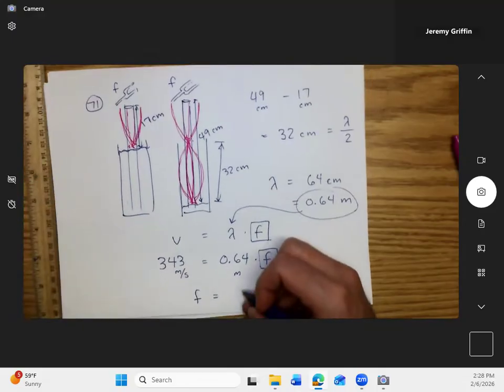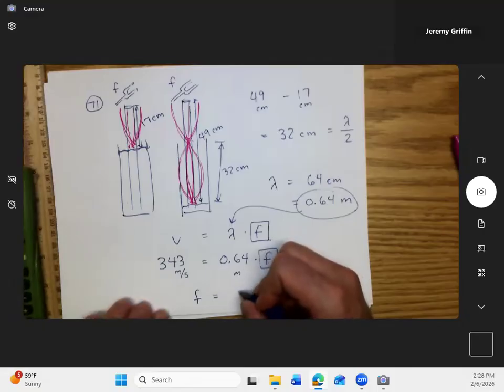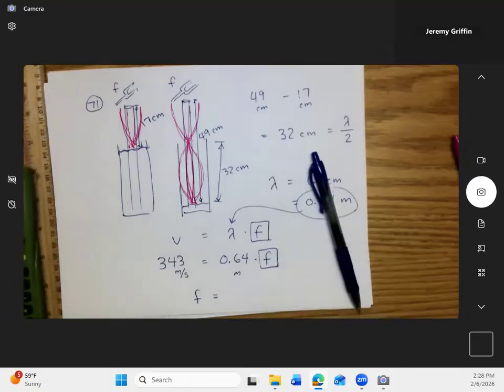What frequency tuning fork do you think that is? 10 hertz. Like 11 hertz. While you guys are looking at it, I'm going to Google the answer, because I wonder what musical note that is.